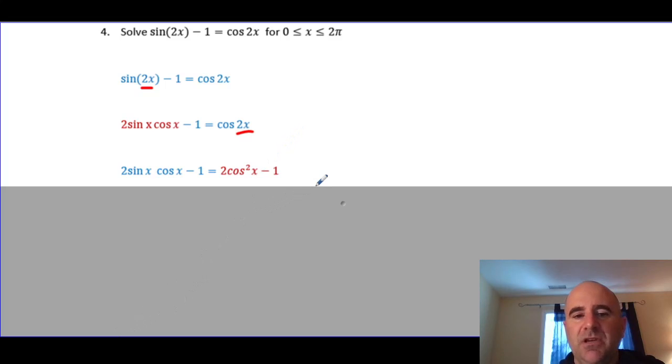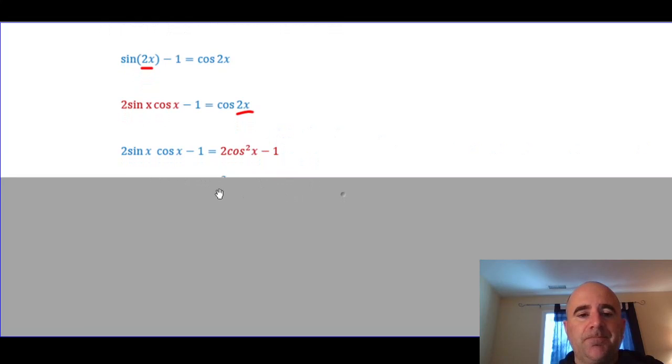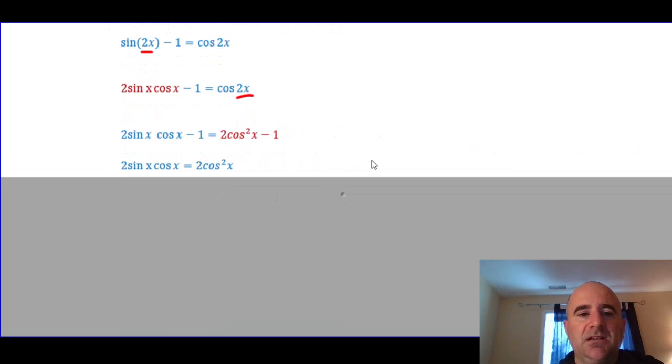I think you'd be okay with either. And if you wanted to try the other identity, you'd probably still get the answer. I'm going to stick with this, okay? And when I clean it up, I get this. The -1s actually subtract out. So they're gone. I have 2 sine x cos x equals 2 cos squared x.